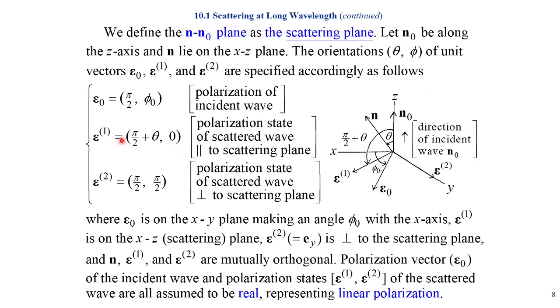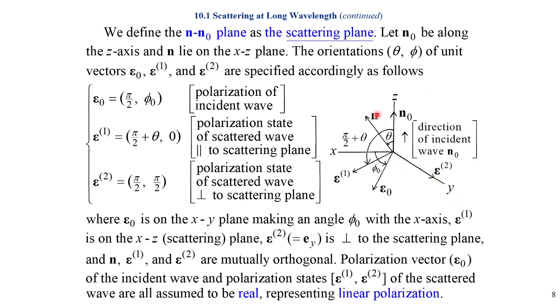Epsilon 1 is difficult to define. Epsilon 1 should be perpendicular to n. Since n is in the xz plane, we can define epsilon 2 to be the y-axis.